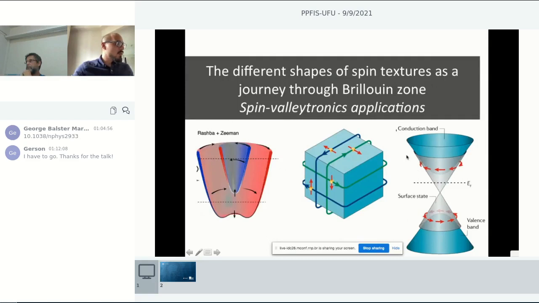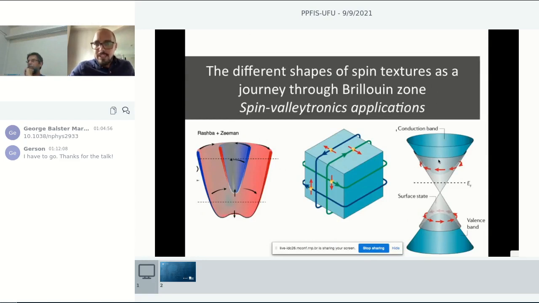However, when we look at other kinds of systems like Rashba compounds, meaning compounds that have an electric dipole, or even an electric dipole plus an intrinsic magnetic field like Zeeman compounds, then we observe that the spin polarization is actually very similar to what we expect in topological insulators. So the big question that appears here is the following.